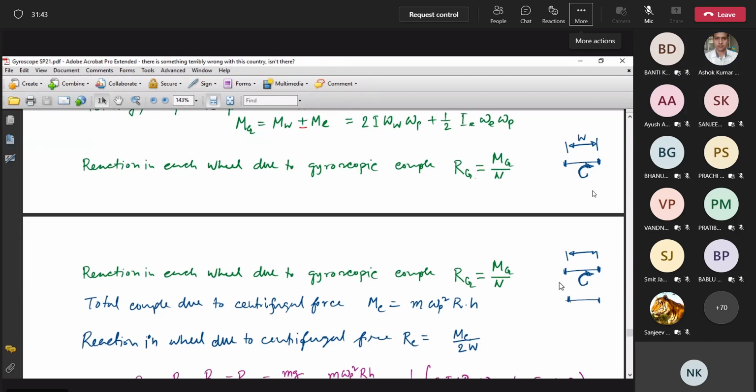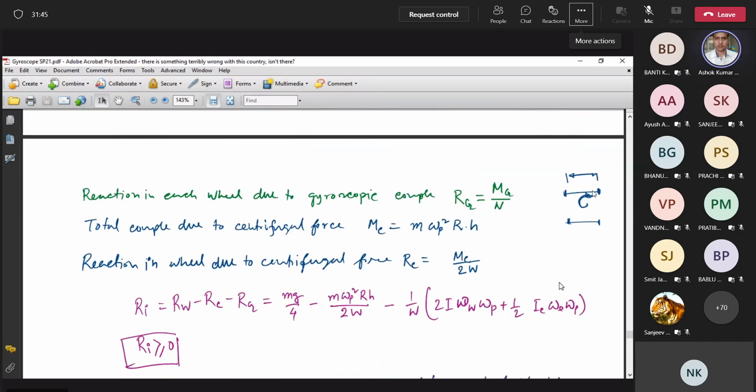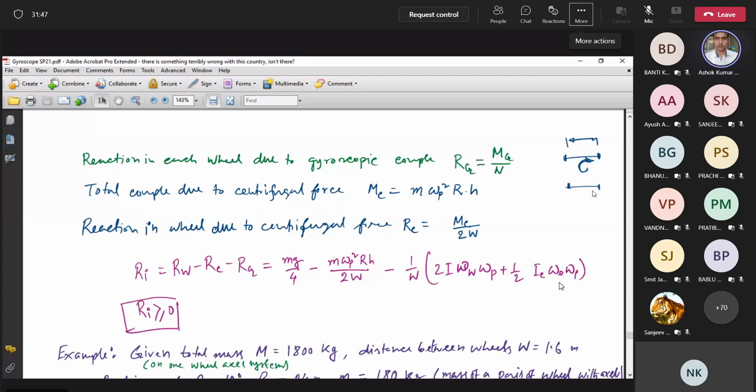Yes, sir. Now the next work is we have to find out what is the centrifugal force. So already we have shown that this is the total centrifugal force acting on the center of mass of the vehicle. And this couple must be divided by 2 so that we can get the couple in each axle.